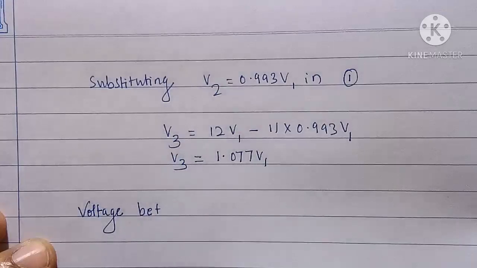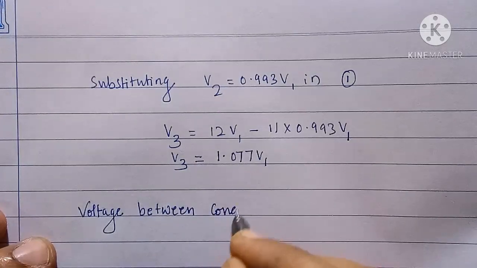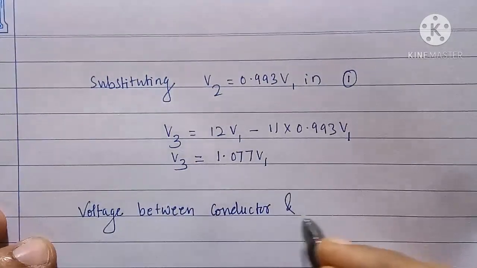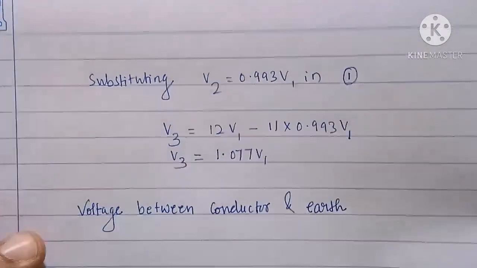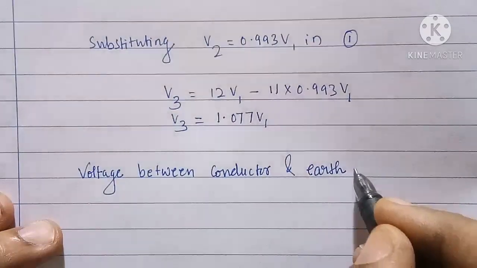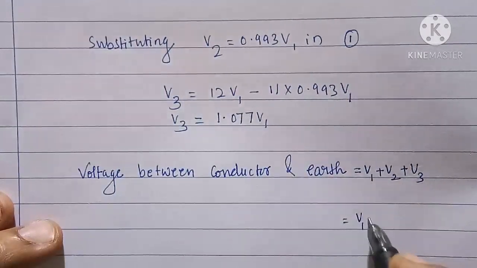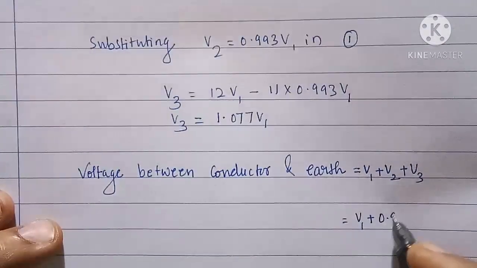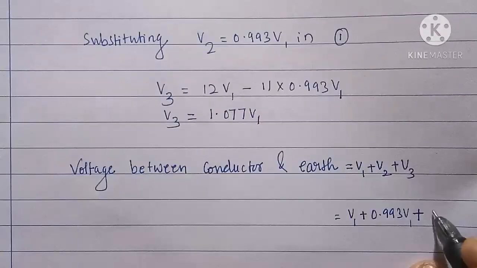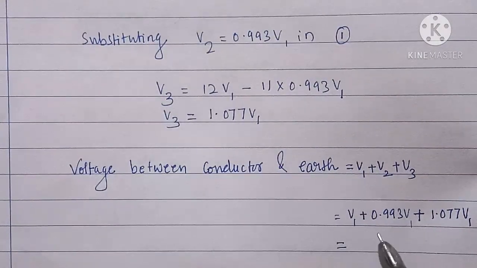Voltage between conductor and earth is equal to V1 plus V2 plus V3, that is V1 plus 0.993 V1 plus 1.077 V1, that is equal to 3.07 V1.